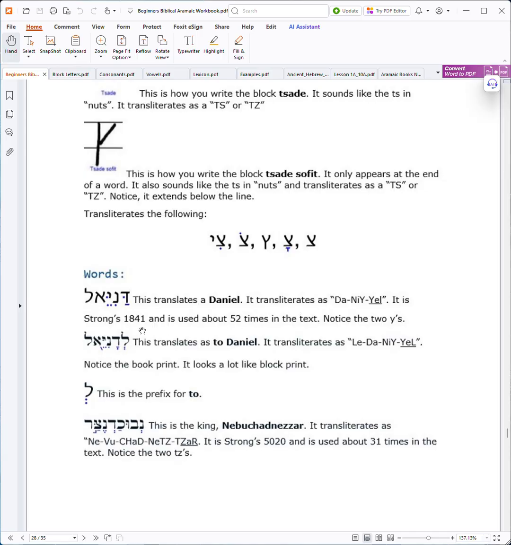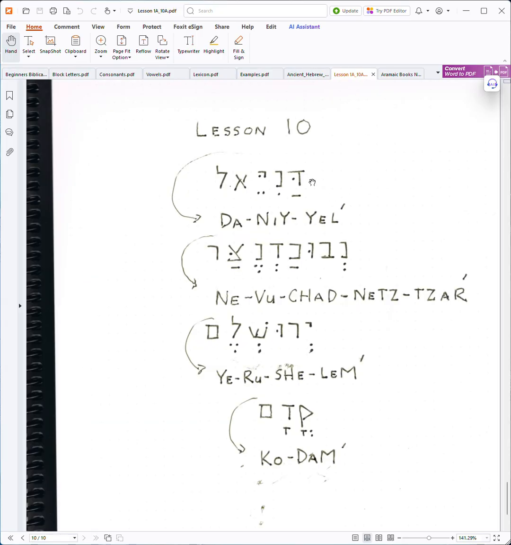So it's Strong's 1841. Now, notice there are 2 Y's because of the dagesh. Okay? So we have the DANIY, because of the dagesh there on the yod, you get 2 Y's.